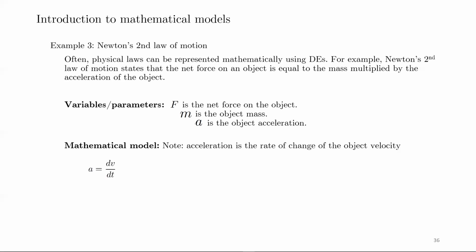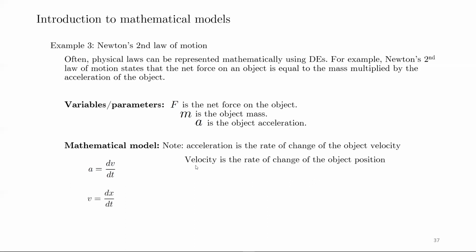Okay? What we know about acceleration is that it is the rate of change of the object's velocity. So again, that phrase, rate of change, coming in there. So the time derivative of velocity is equal to acceleration. Okay, v here is the velocity, and what we know about velocity is that velocity is the time derivative of position.